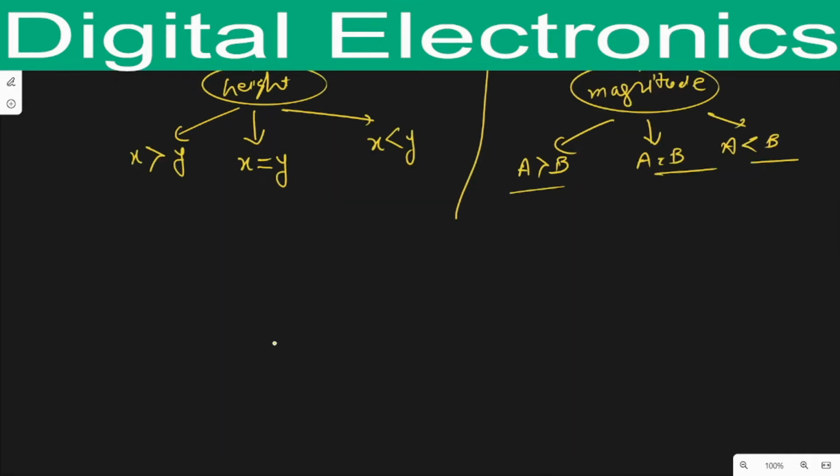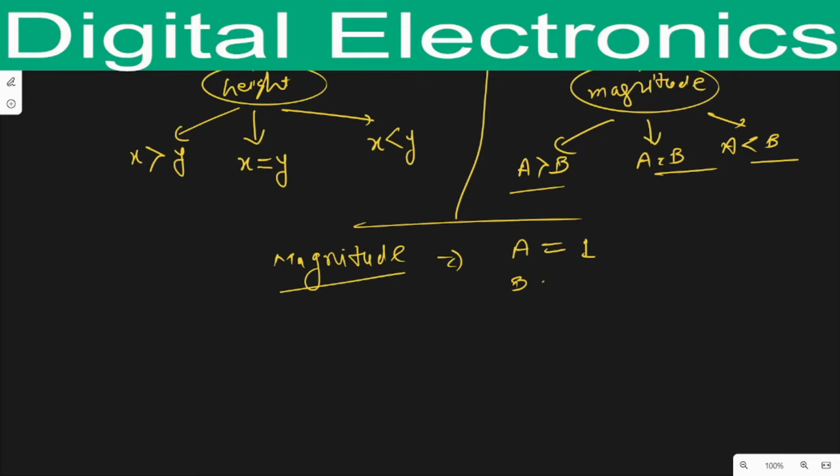Now, what is the meaning of magnitude? Suppose I am taking two numbers A and B. Here A equals 1 and B equals 0.